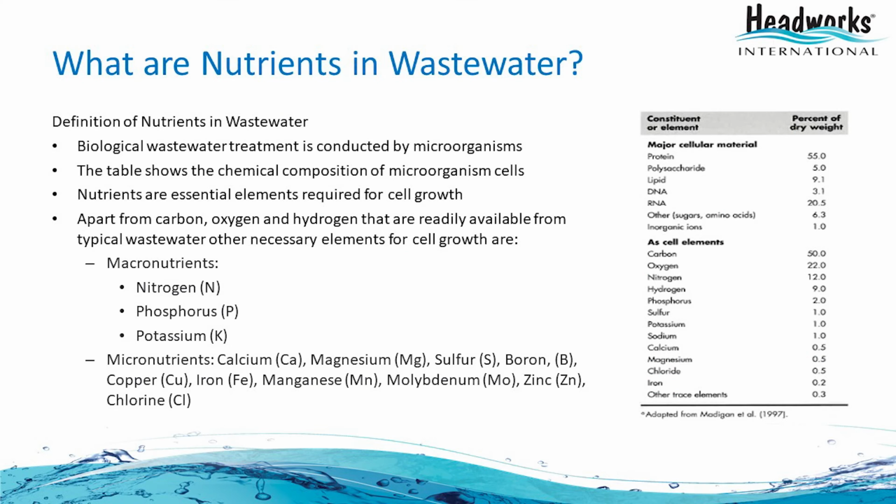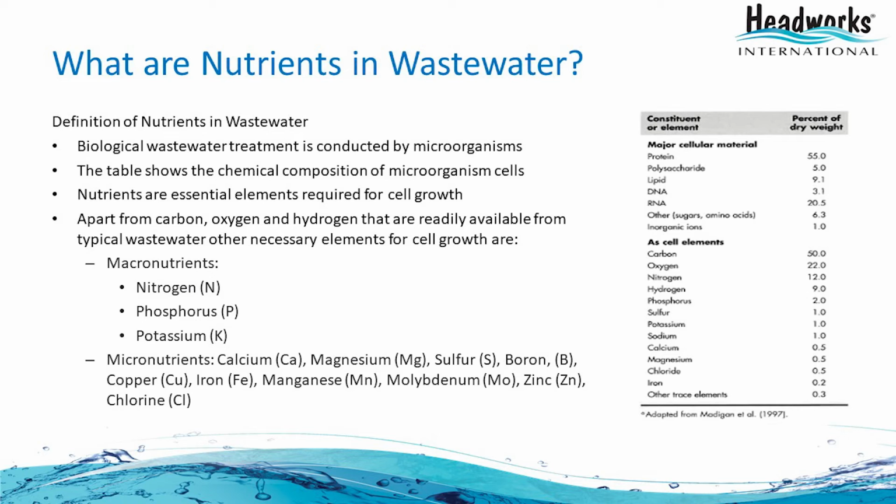Here in this slide, we have given an idea about what nutrients are. What is the definition of nutrients? Nutrients are the elements that are necessary for the microbiological cells to maintain their growth. You can see the table on the right-hand side of the slide, which shows the chemical constituents of a bacterial cell. Typically, there are nutrients, which are nitrogen, phosphorus, and potassium.